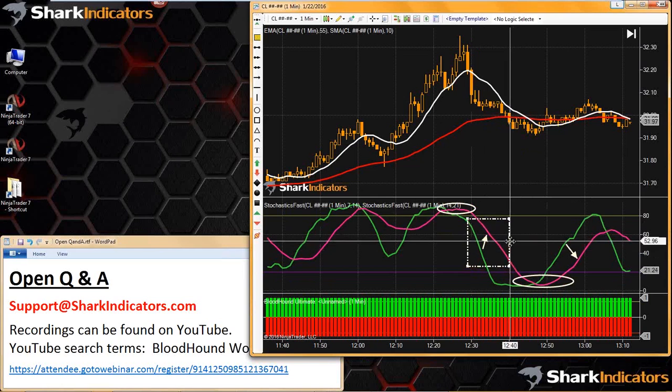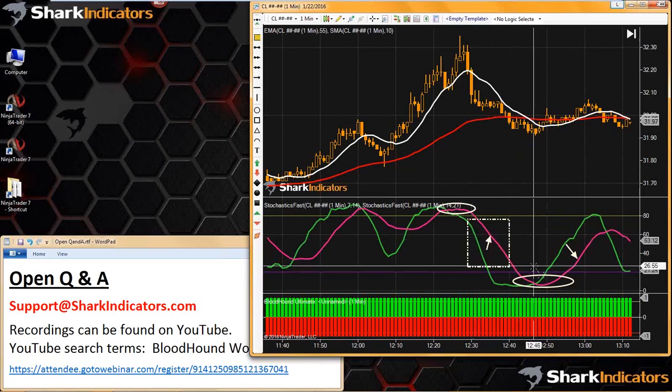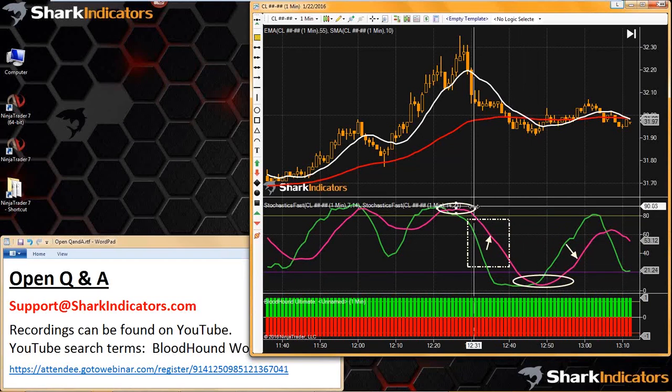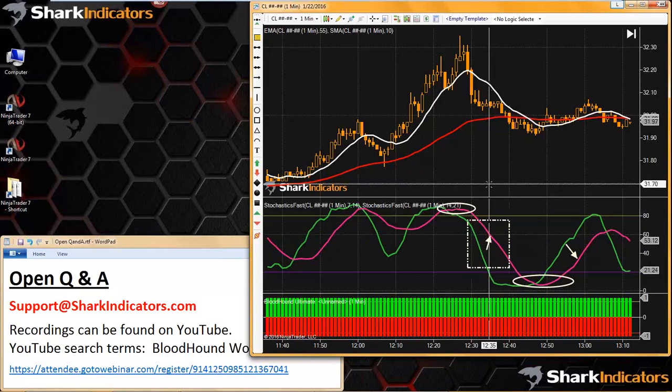When stochastics is in the middle, then we want to display the results from condition B. Right? So how do we flip back and forth from condition A to condition B? That's kind of the premise here.